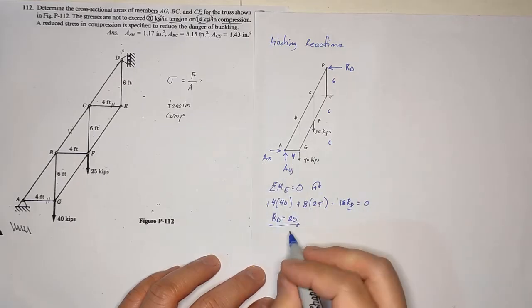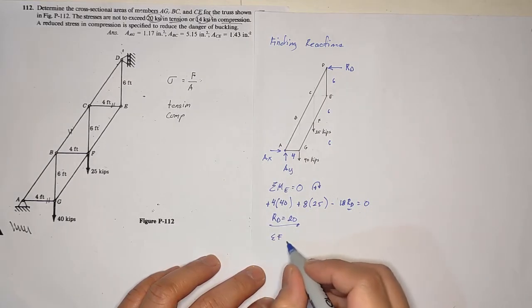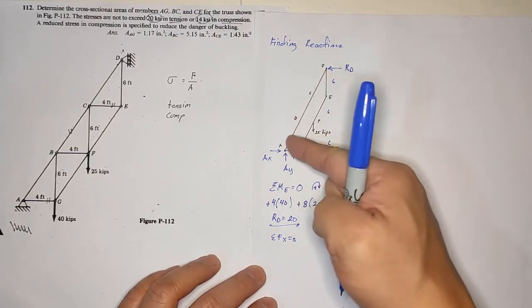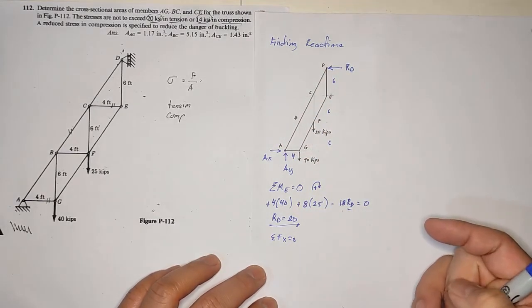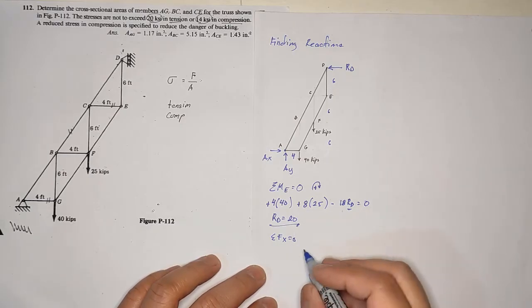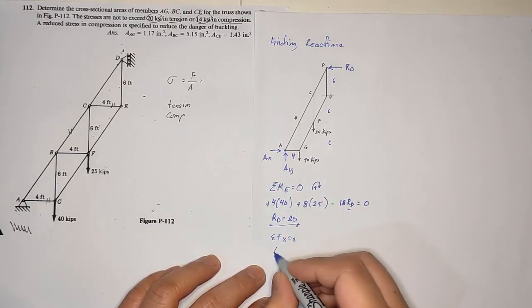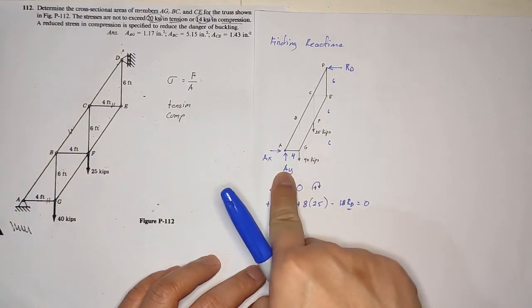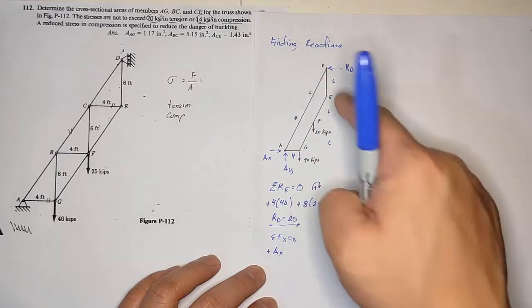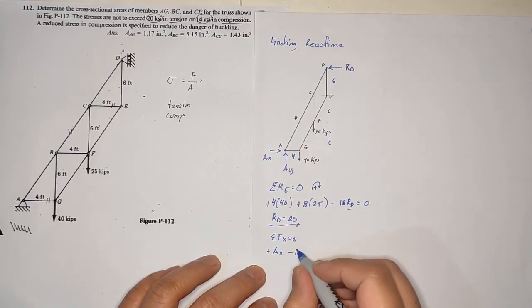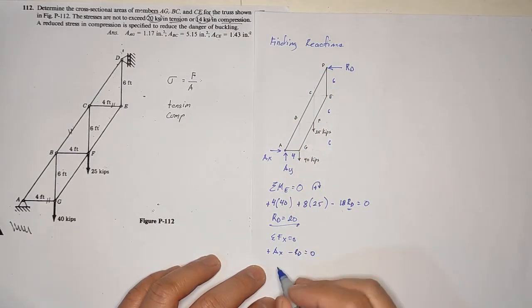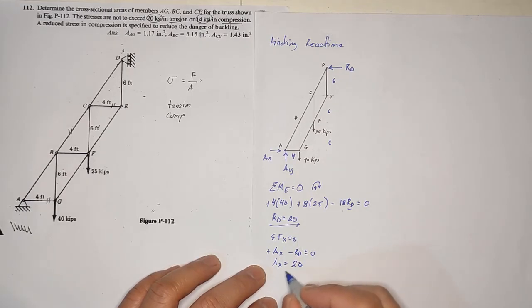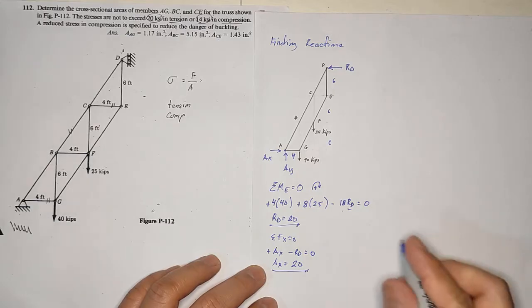Now, to find AX, I can take summation of forces in X equals 0. I will be referring to this free body diagram. What are the forces? You have AX, that is positive because it's to the right. There's no X component, no X component, no X component. Then you have negative RD equals 0. It turns out that AX equals RD, that is also 20 kips.